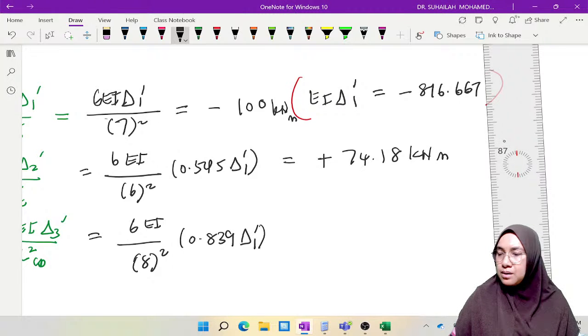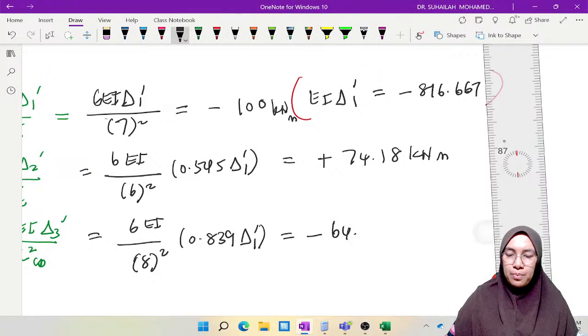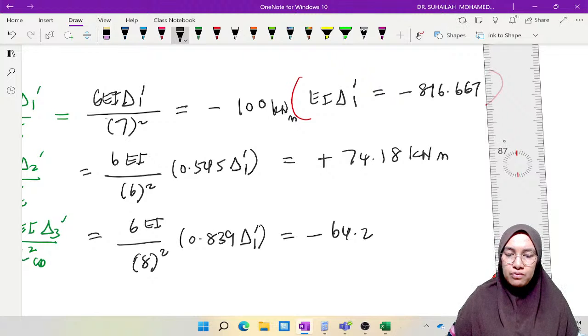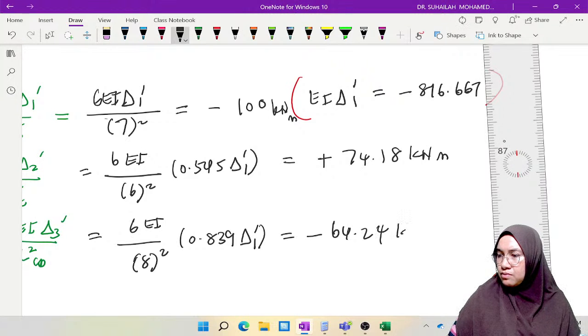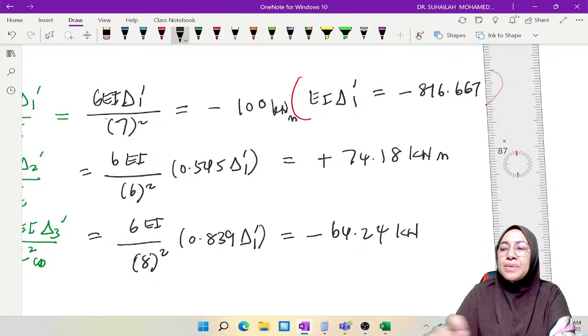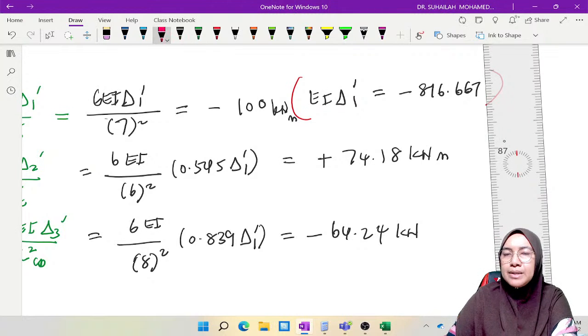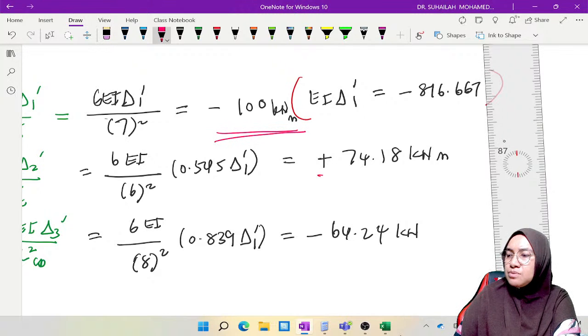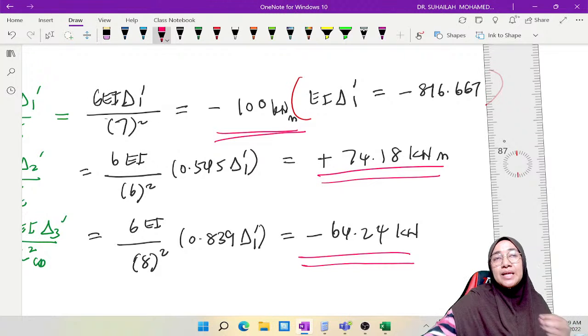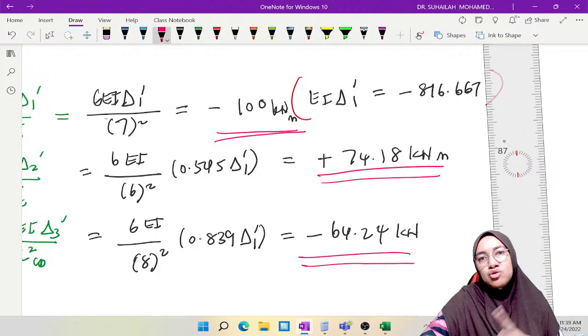We get negative 64.223 kilonewton meter. So this is the moment that we should use in the table, after considering the ratio between delta 1, delta 2 and delta 3 prime as well as L.